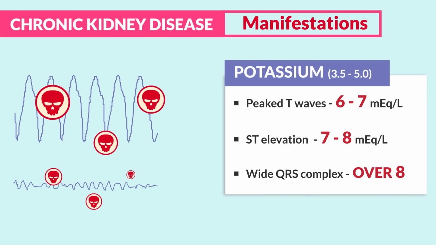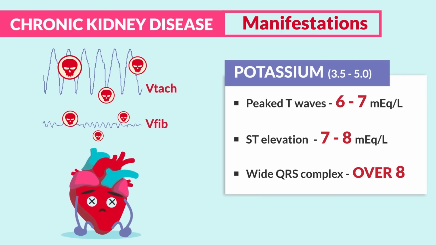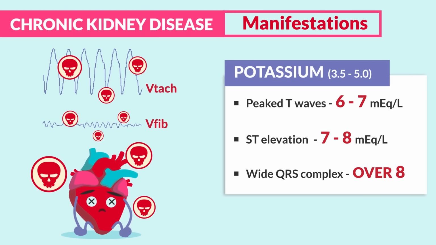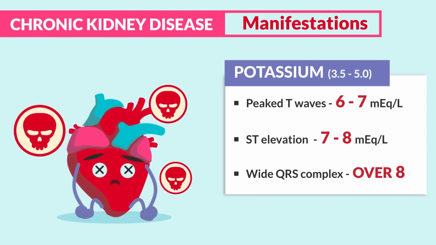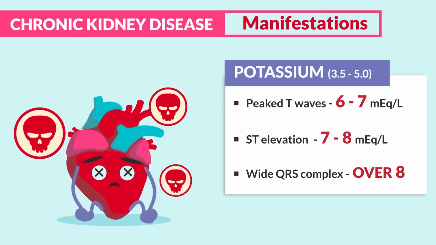And then finally leading to deadly ventricular dysrhythmias like VTach and VFib, that ventricular tachycardia and ventricular fibrillation. If not treated immediately, this will cause death by cardiac arrest, basically that stopped heart.